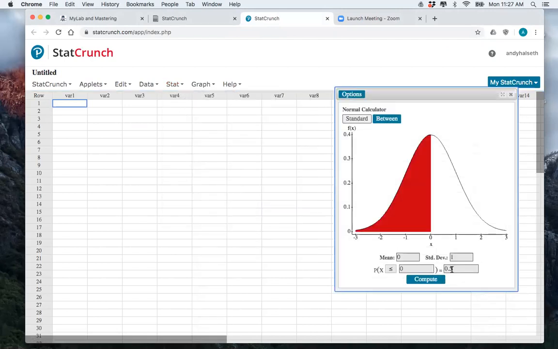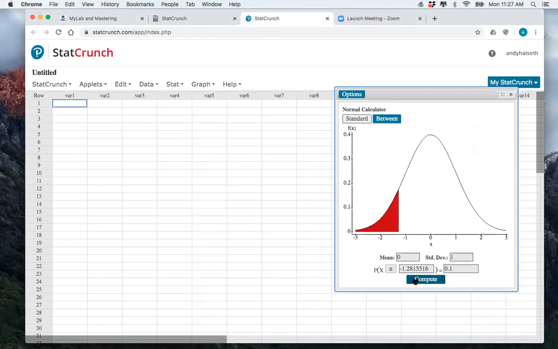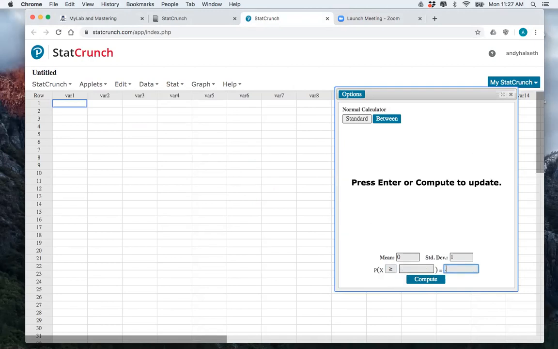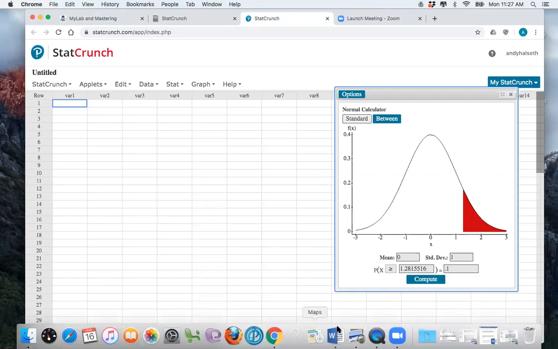Remember, this over here is area, so I'm going to put the 10% there. And then this is the bottom 10%, obviously. I got to get that inequality the correct way. And then re-put in that. So here it is, greater than and a 0.1. That'll give me that z-score. Okay, so that z-score is 1.28.